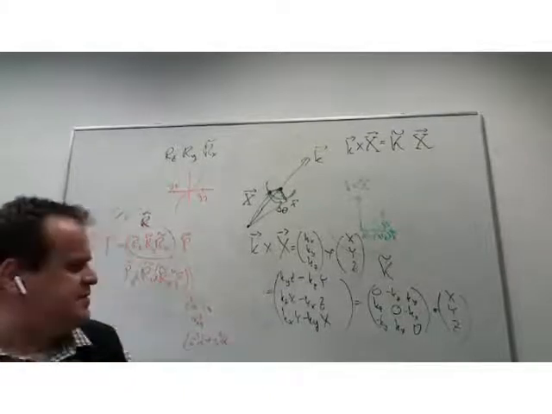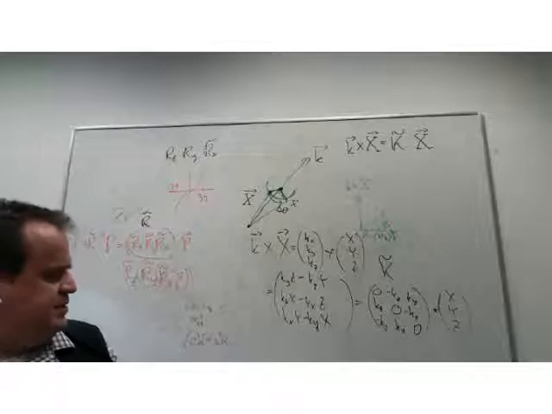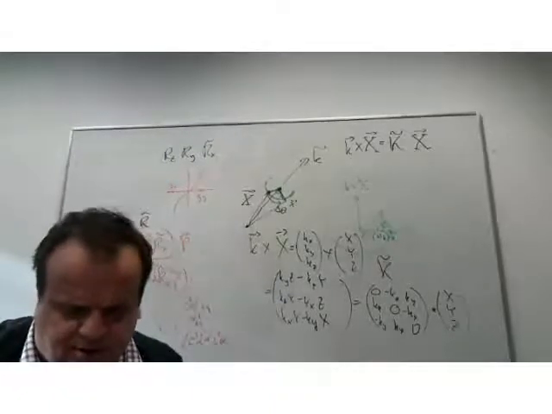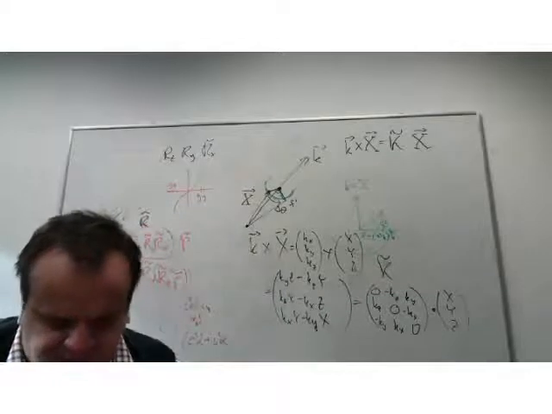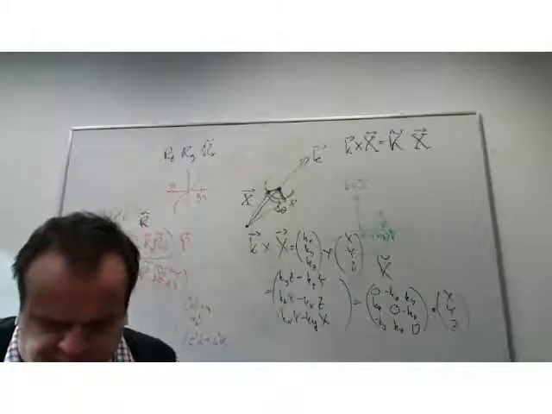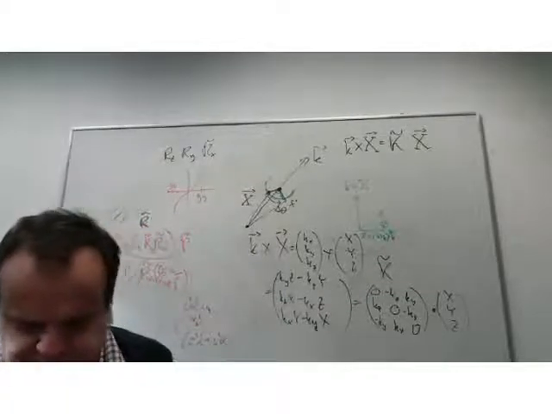And we see this is an antisymmetric matrix, so the skew matrix with zeros along the main diagonal.